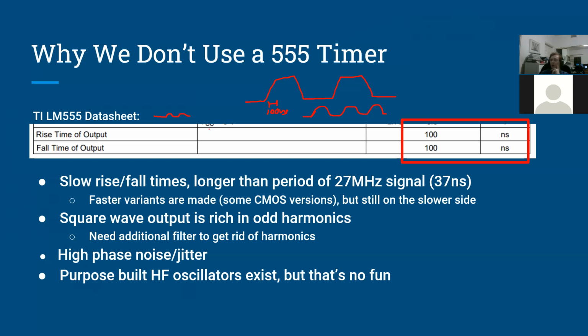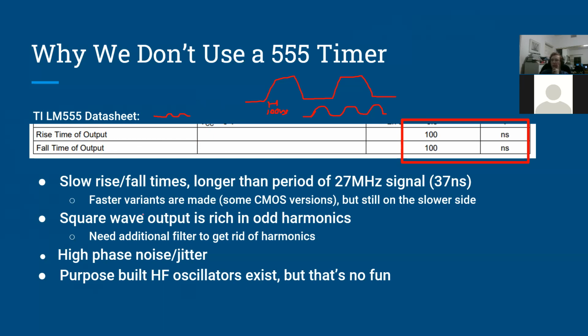Those weren't great pictures, but I hope you get the point. So generally, when you're trying to spit out a square wave, you need those rise times and fall times to be much smaller than the period of the frequency you're operating at. And for these types of timers, that's not the case.